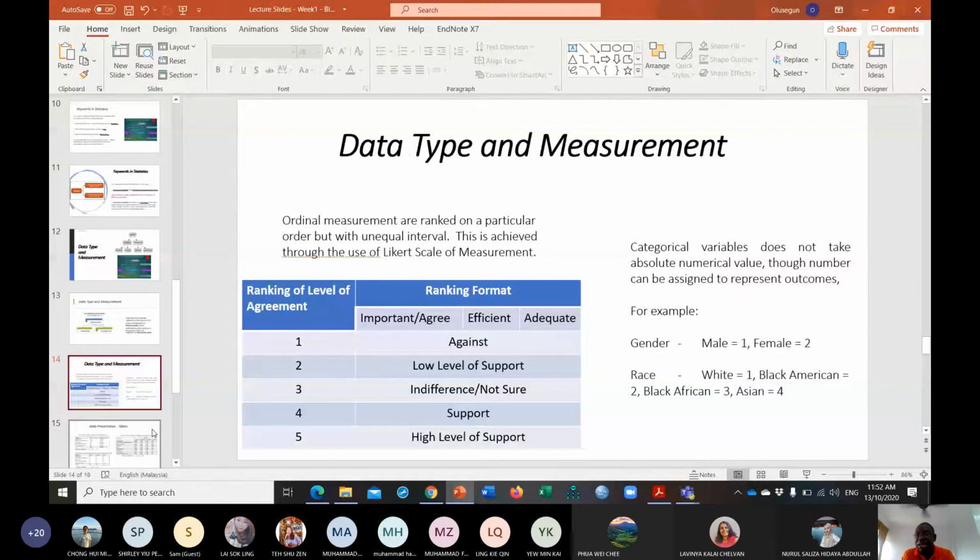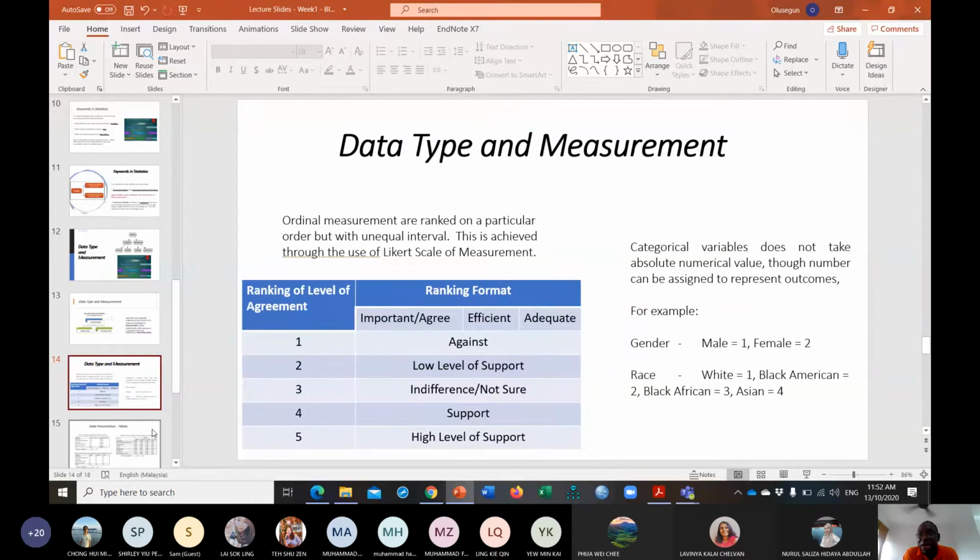For example, we can say white, which is having 1, is less than Black Africa of 3, because the Black Africa carry 3. It doesn't mean it's greater than white. It doesn't mean it's greater than Black America. It doesn't mean it's greater or lower than Asia. So it's just a number to be able to assess and do mathematical manipulation so that calculations can be done on them.